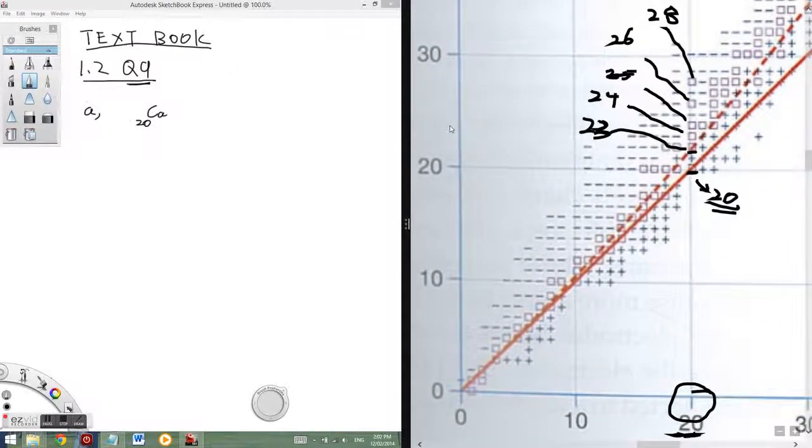Let me just indicate it. That's your atomic number. Now, this axis here tells me the number of neutrons.